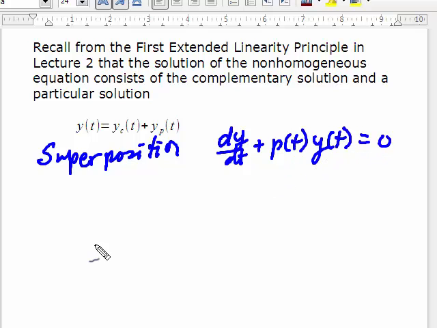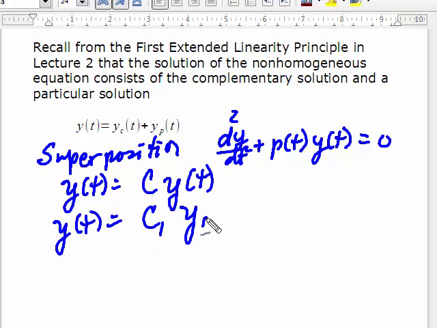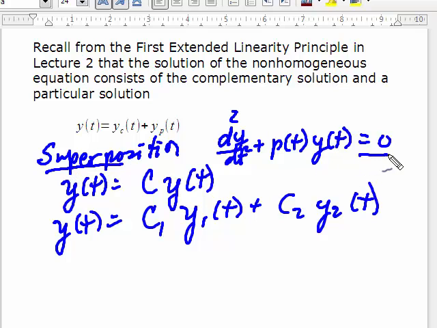It doesn't necessarily have to be linear, but if you had a solution of this equation, then some constant times that solution that you had will also solve the same equation. If you had a second order equation and you had two functions, I'll just put a square up here, to solve that, then y of t would be something times the first solution plus another constant times the second solution. Okay, this principle works fine if it's a homogeneous equation.